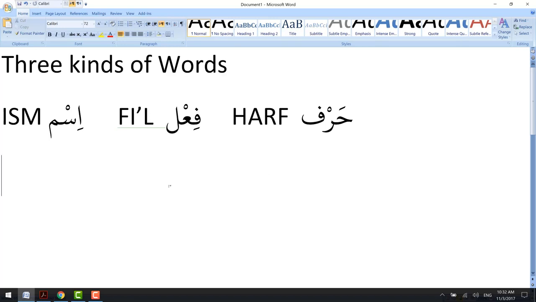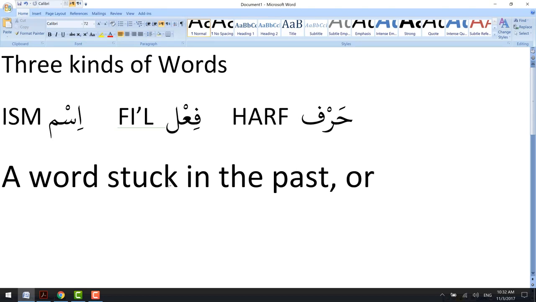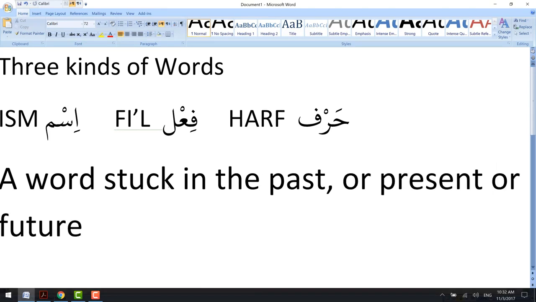Now we get to fi'l. And fi'l is a word stuck in the past, or present, or future. It's got a tense. It's got a past tense, or a present tense, or a future tense. Now, in the Arabic language, we call it a fi'l. For some of you that are familiar with English, hopefully all of you, it's called a verb. But I'm not going to use the word verb, because verbs are a little bit different from fi'l in the Arabic language.